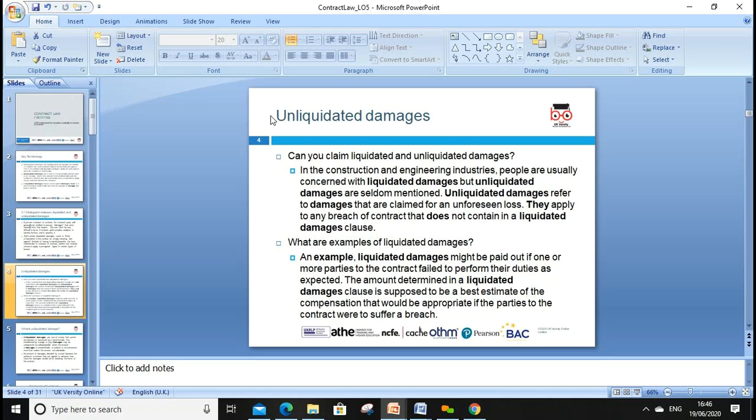Unliquidated damages refer to damages that are claimed for unseen loss. They apply to any breach of the contract that does not contain a liquidated damages clause. What is an example of liquidated damages? An example might be paid out when one or more parties to the contract fail to perform their duty as expected.